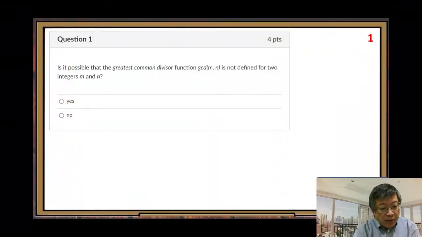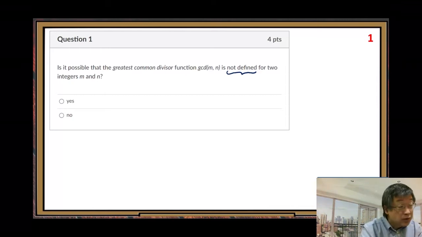Is it possible that the greatest common divisor function, GCD of m and n, is not defined for two integers m and n? Is there a special case not defined? We can also call it the undefined case.